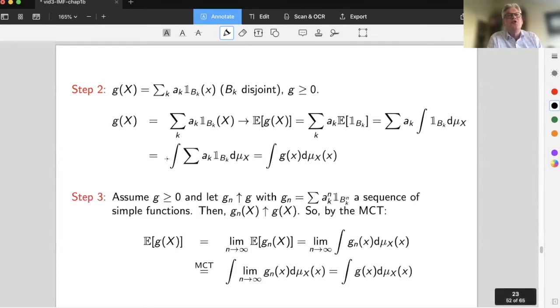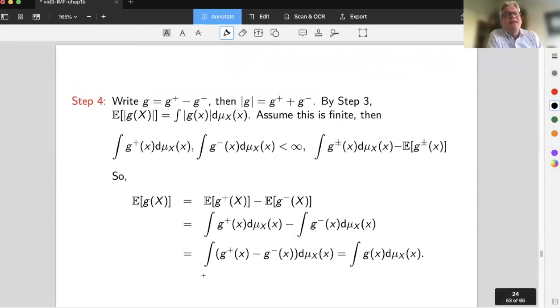Then you assume that g is non-negative, and you approximate it by an increasing sequence of simple functions, and you conclude the same thing by the monotone convergence theorem. That is the line of reasoning. And finally, you split it up in 2 parts, g⁺ and g⁻, and then you can conclude the proof. The proof is in the book, so look at it in detail there.